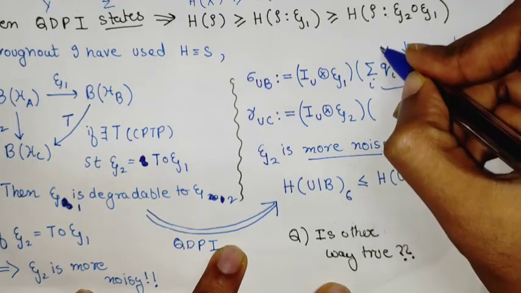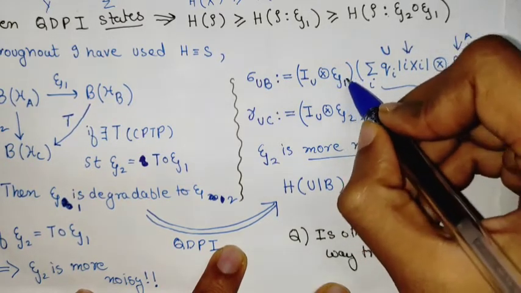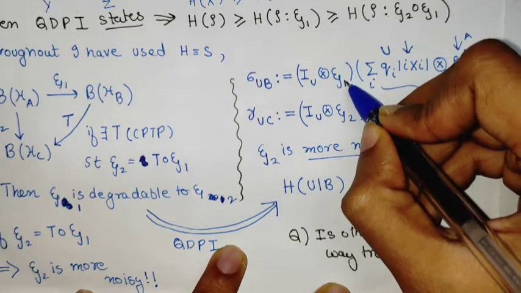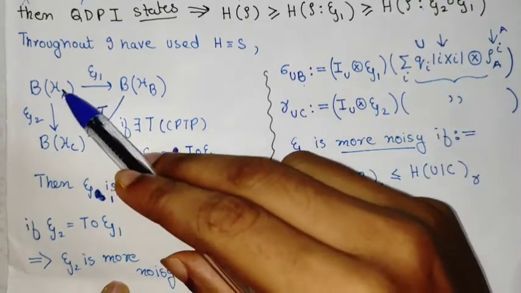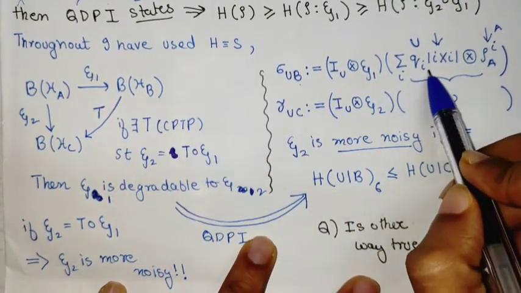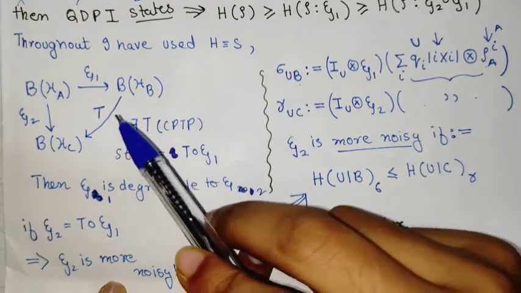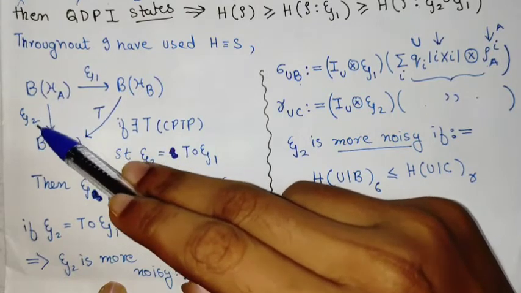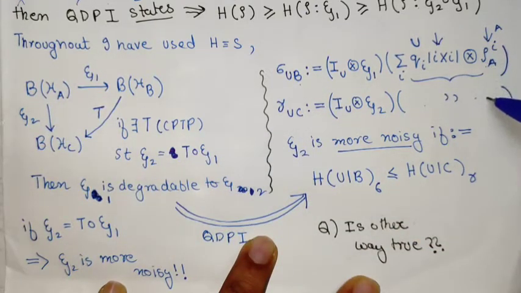This is my U space and this part is my A space, and I locally apply this epsilon 1 map on my A space to map it to B space. Then I again take the same sampled classical quantum state and map it via this epsilon 2 map, such that A goes to C.